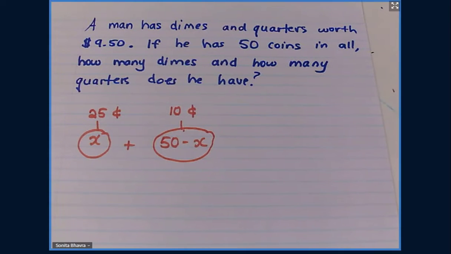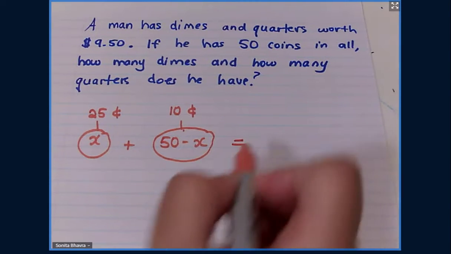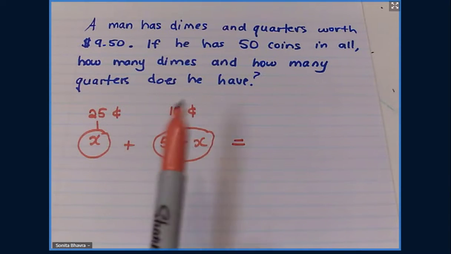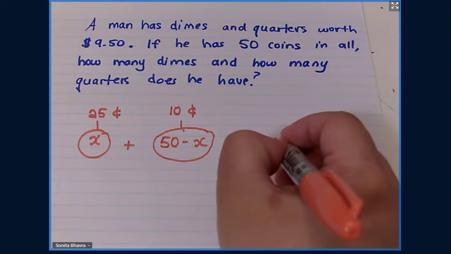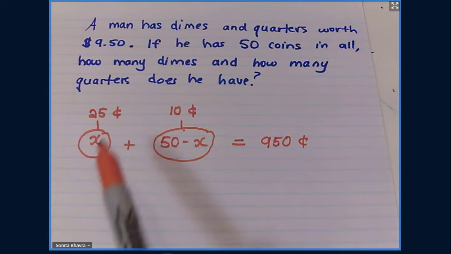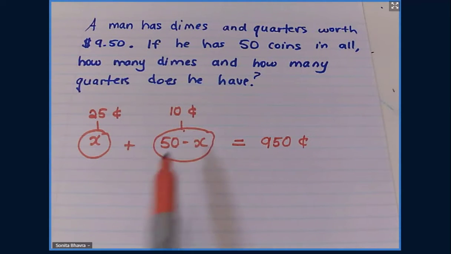the total number of dimes. All right, and then we know that the total value is $9.50. We're just working with whole numbers again, so 25 cents, 10 cents, and our total here would be 950 cents. All right, so now we just multiply the two values together.